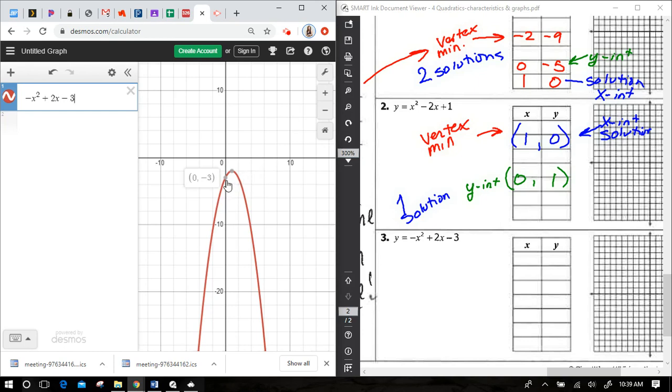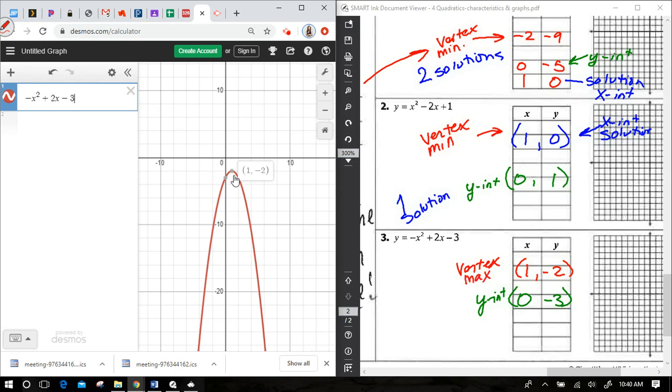I found my y-intercept is at 0, -3. That's my y-intercept. I found a vertex right here at 1, -2. 1, -2 is my vertex. And this kind of vertex is a maximum because it's at the top of it.